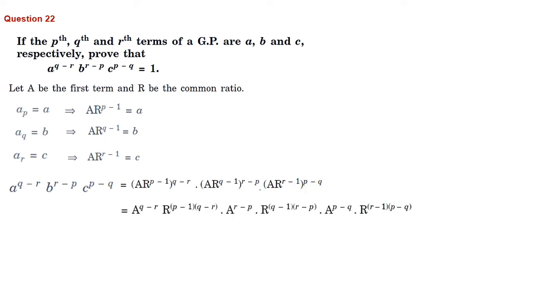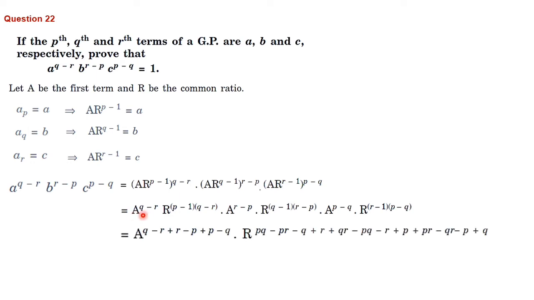Then we have to remove the brackets. So one bracket is there, power q-r, so each term has power q-r. First term is A^(q-r), second term R^((p-1)(q-r)). Here also the same thing: A^(r-p), R^((q-1)(r-p)). Here also A^(p-q), R^((r-1)(p-q)).